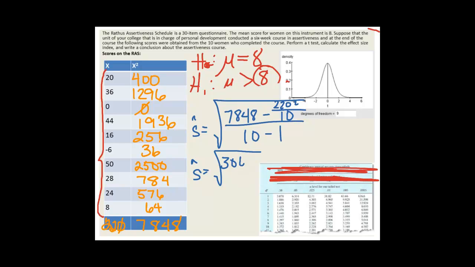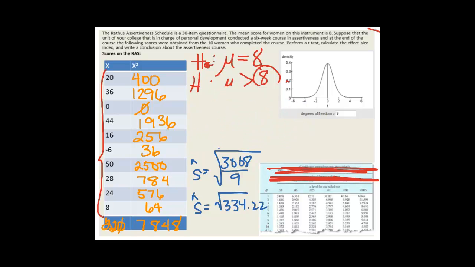Keep working it out, and we get the square root of 334.22 repeating. When we hit the square root button, that leads us to an S hat of 18.2817.